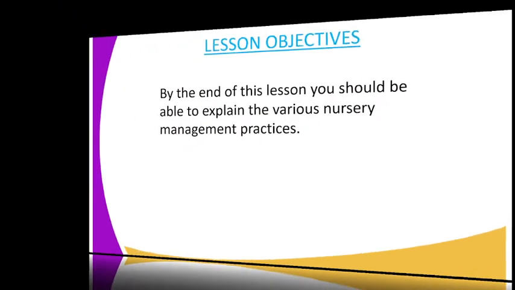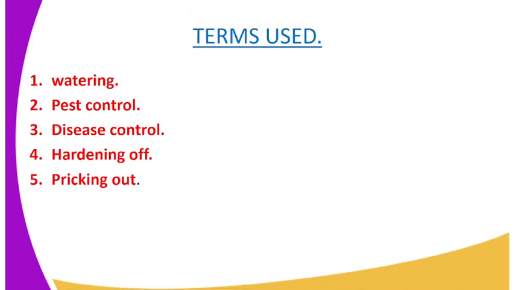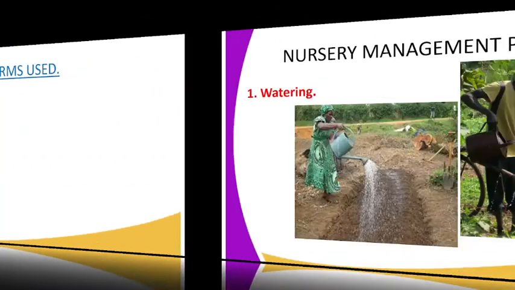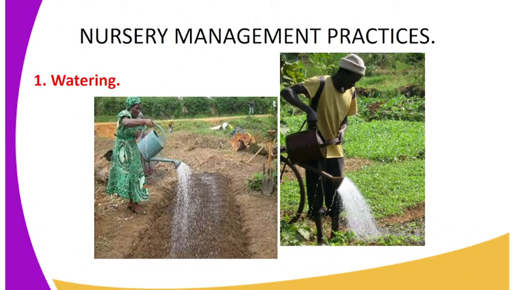The terms used, one of them we have watering, we have pest and disease control, hardening off, and pricking out. If we go to the first term, which is also a nursery management practice, it is watering. You can see that there is a nursery structure here, a nursery bed.